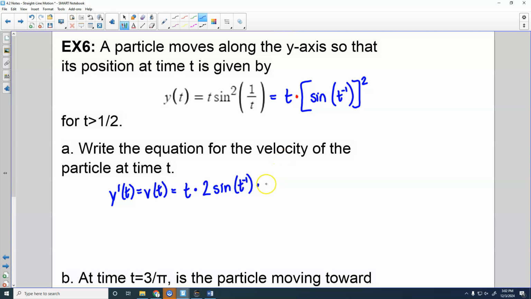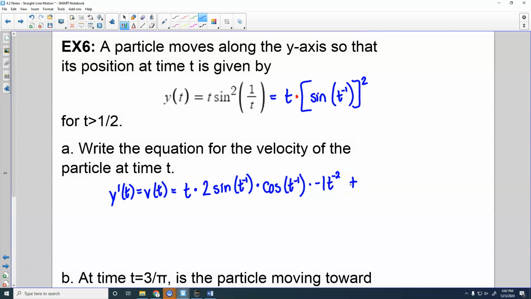So it is cosine of t to the negative 1. And then I've got to take the derivative of the t to the negative 1, which is going to give me negative 1t to the negative 2.